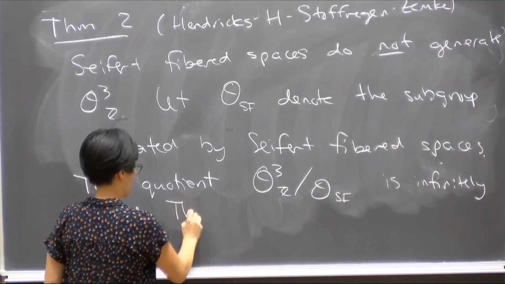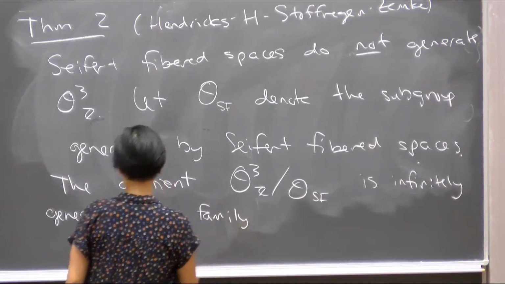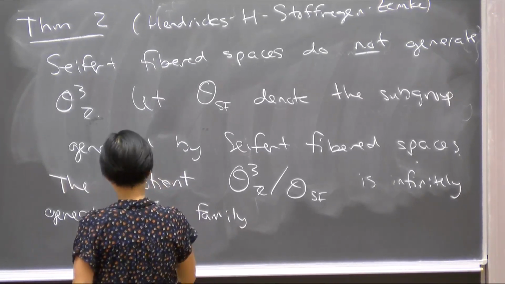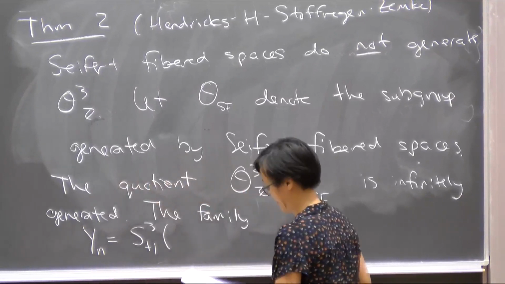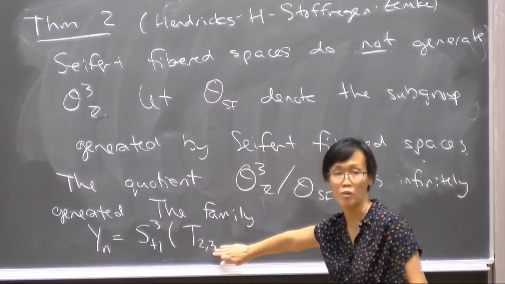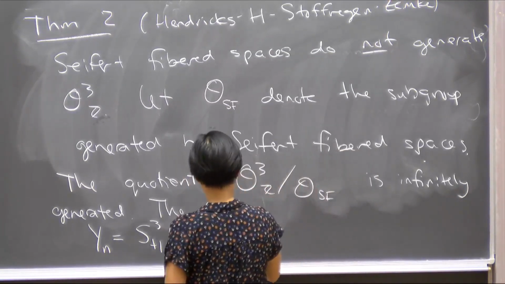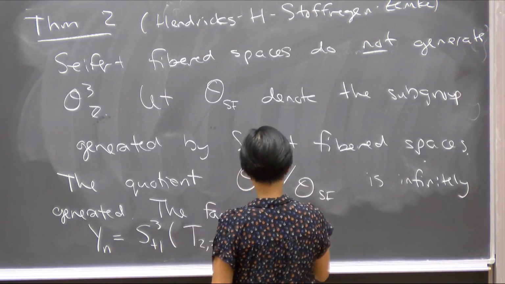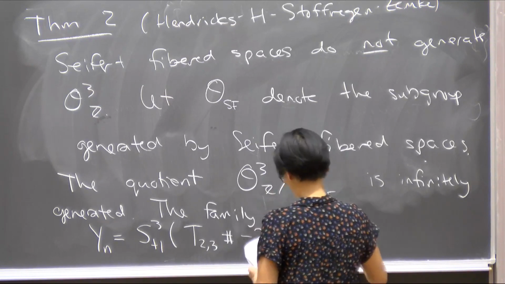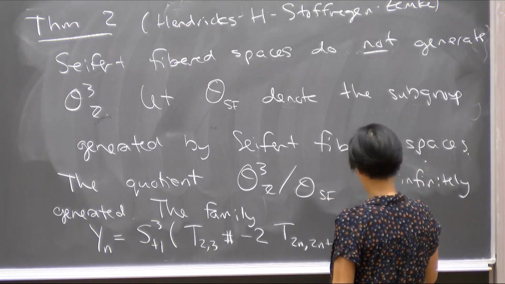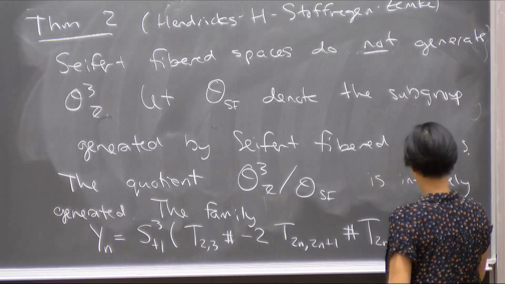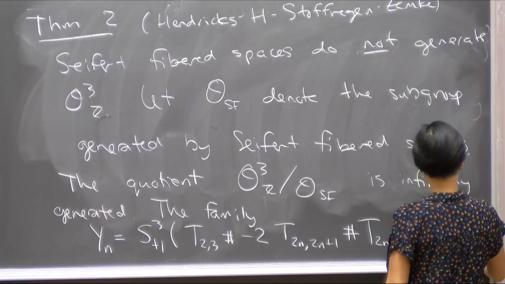And so we prove that the family Y_n, where Y_n is plus one surgery on some knot, T_{2,3}, that's the trefoil knot, and then connect sum with minus 2 copies of the torus knot T_{2n,2n+1}, and then connect sum with the torus knot T_{2n,4n+1}. Let's say n is at least 3 and n is odd.